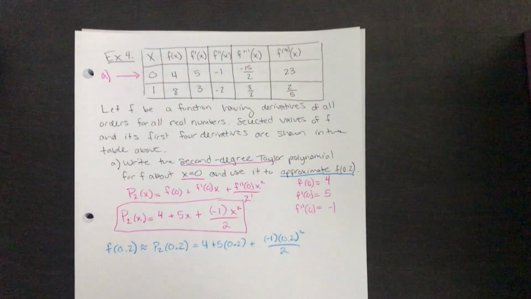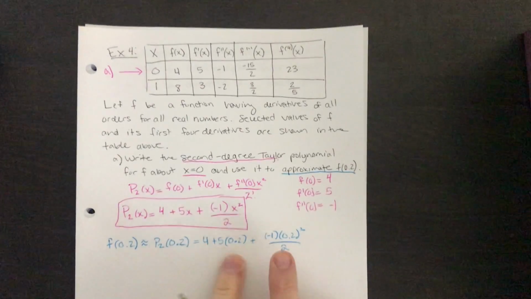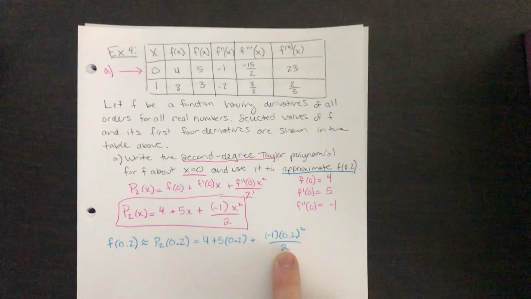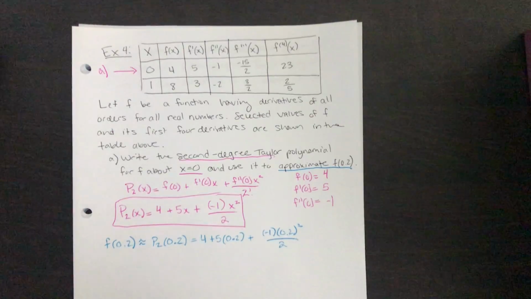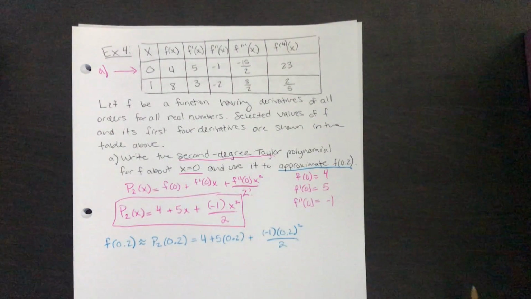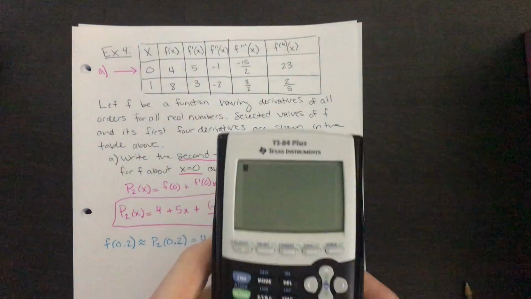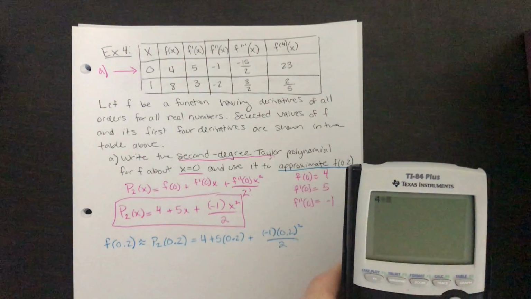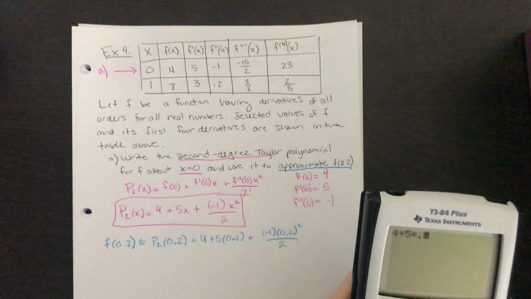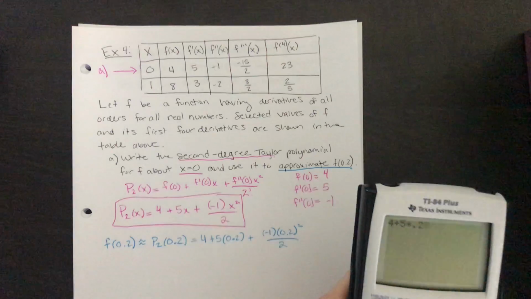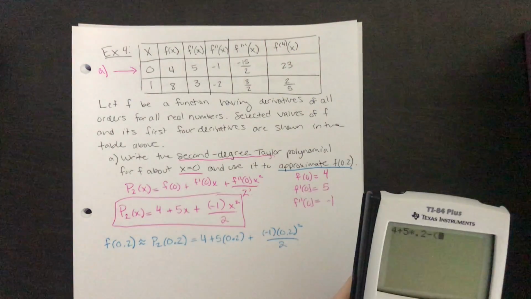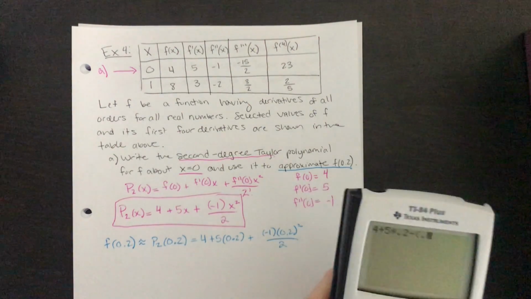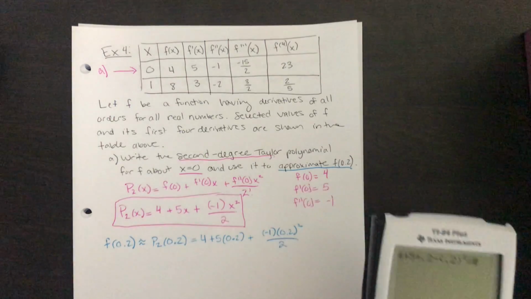On the BC Calculus exam, you are actually done right here. If you want to type it into a calculator and just get an idea of did you do this right, it's not going to hurt you to do it. So 4 plus 5 times 0.2 minus 0.2 squared divided by 2.